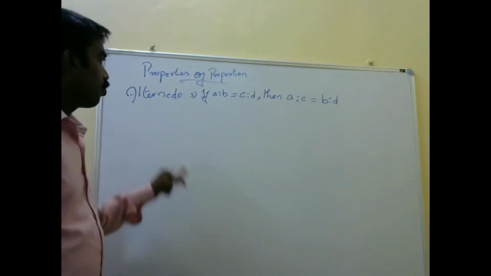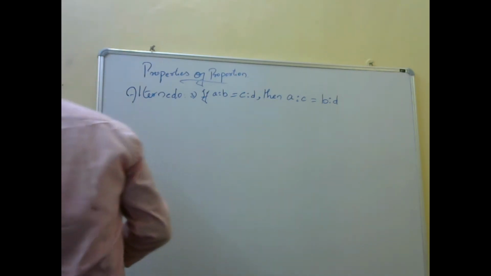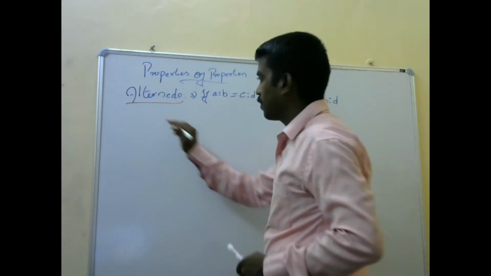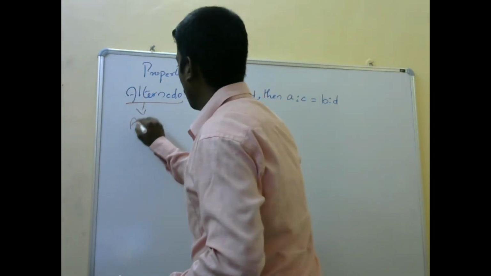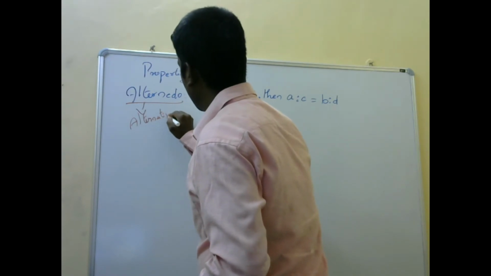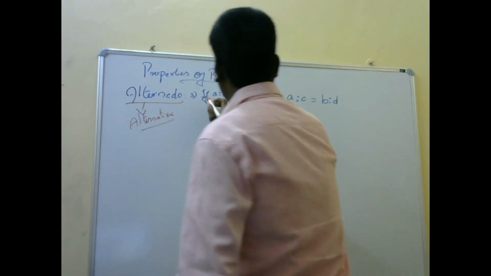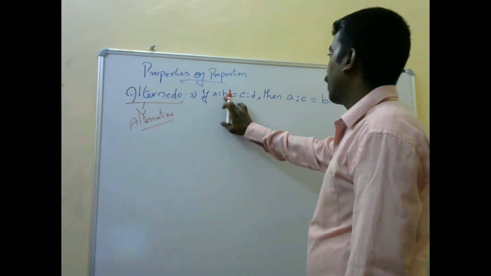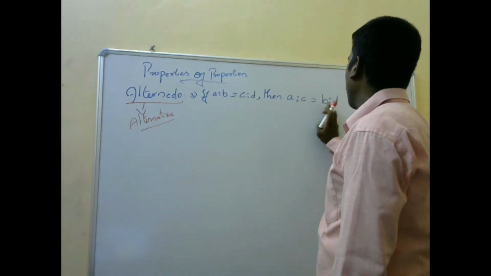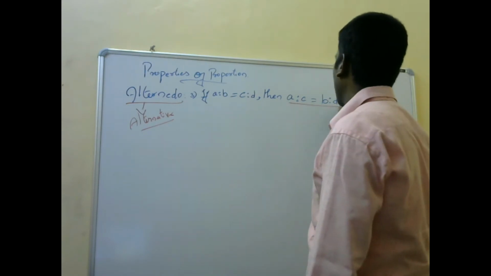The next property is alternando. What is alternando? It is the alternative of this. What is given is if A is to B is equal to C is to D, then A is to C is equal to B is to D. We have to prove this.